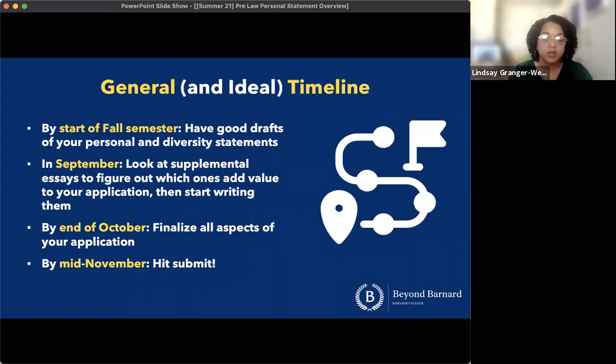And generally, you want to make sure that by mid-September, by Thanksgiving at the very latest, you hit submit, and then you can just sit back and relax in the ball of anxiety while you wait for the admissions decision, because it's anxious, it's tough, something that you really want to do. And so you're in a lot of company because everyone will be in that wait-and-see mode. But having things in by mid-November puts you in a really good timeline for these rolling admissions deadlines. You'll be in a good spot to also not miss out on financial aid.